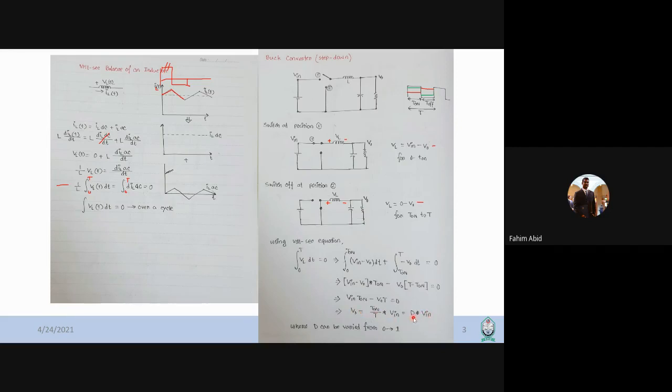Now this duty cycle D can be varied from 0 to 1. As you change D from 0 to 1, the output voltage varies with the duty cycle, so the output voltage is equal to or less than V in, depending on the value of D.